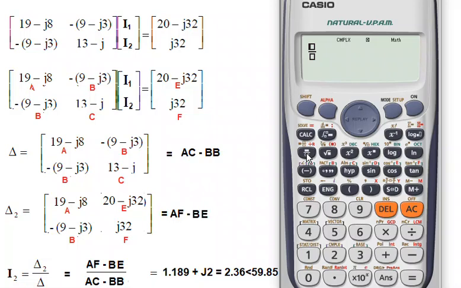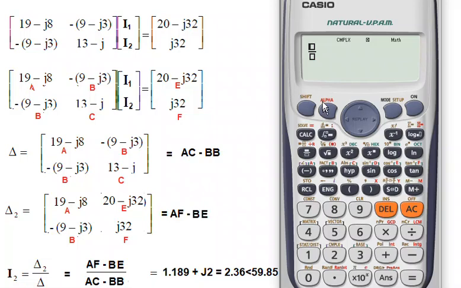Now we input AF minus BE. Now where are A, B, C? Look, this is A, B, C, D, E, F, X, Y, and M. So these are the 9 variables available to us. We have only used 6.